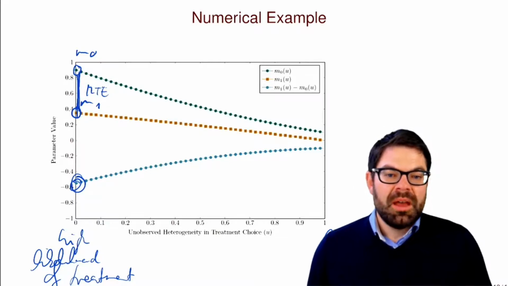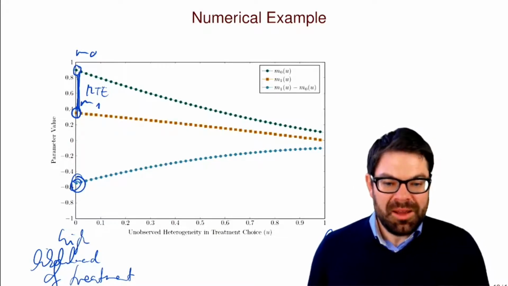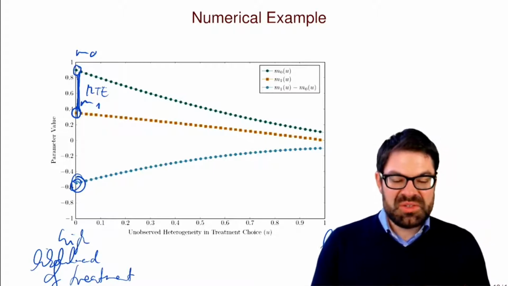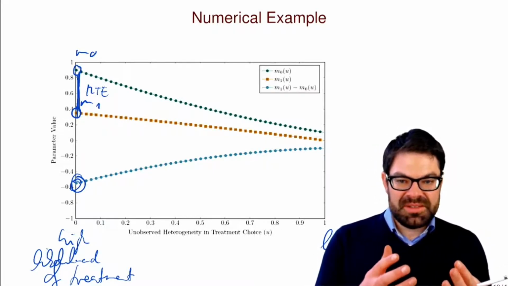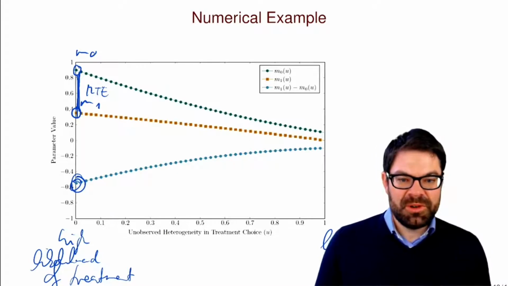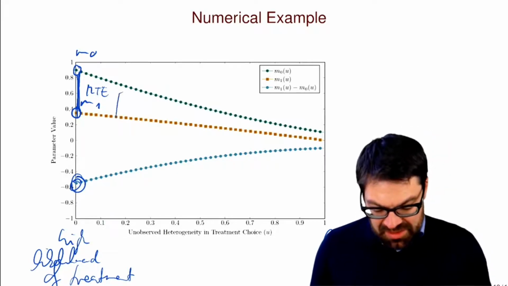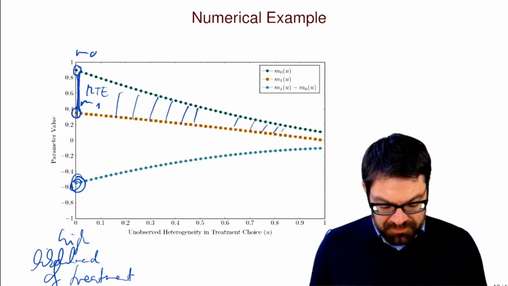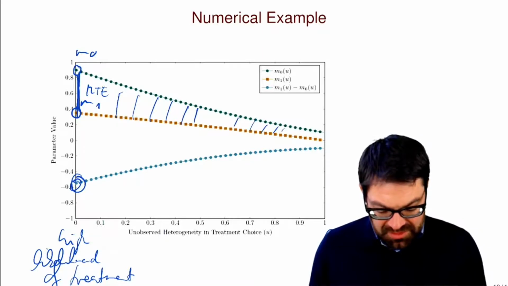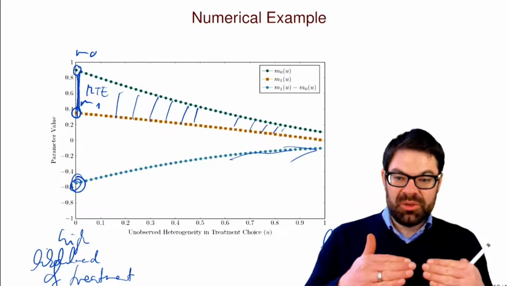Okay. And now what they do based on their instrument and based on extrapolation is they say, okay, what is the marginal treatment effect for different groups? And we can see again that the gap between those two is getting smaller, which is also reflected in this curve here getting closer to 0.